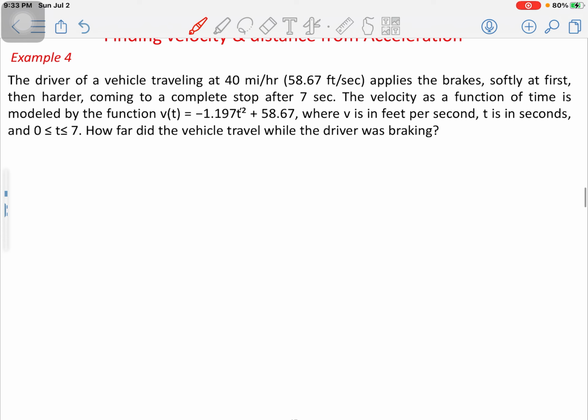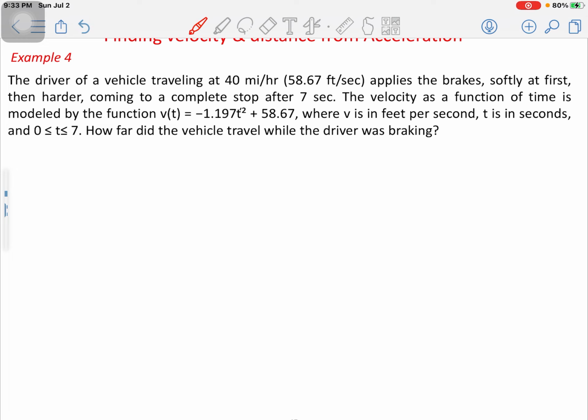The last example talks about a driver. It talks about a driver traveling at 40 miles per hour, which is 58.67 feet per second, who applies the brake softly at first and then harder, coming to a complete stop after 7 seconds.